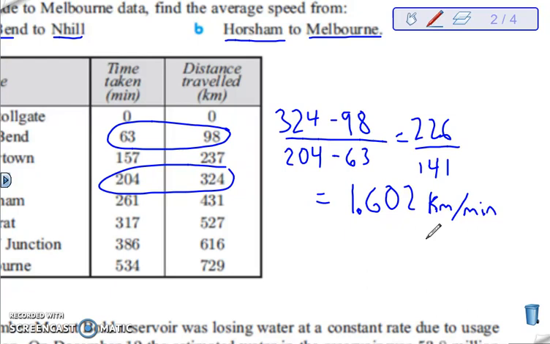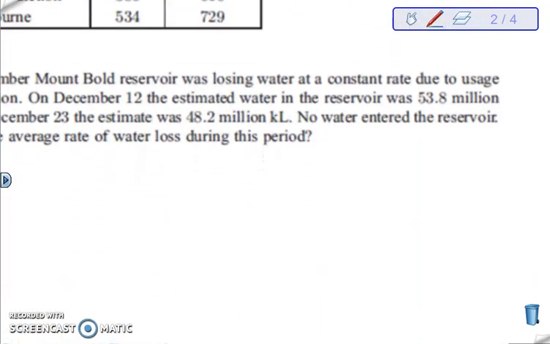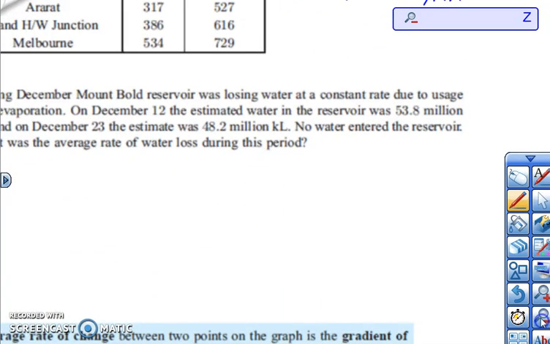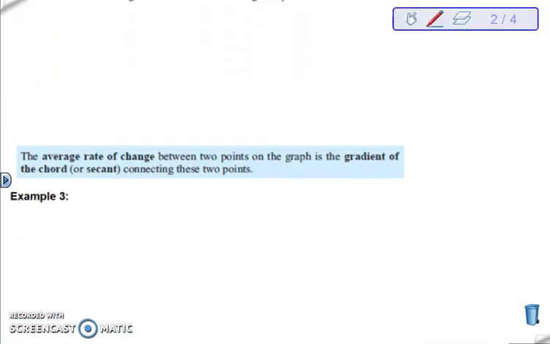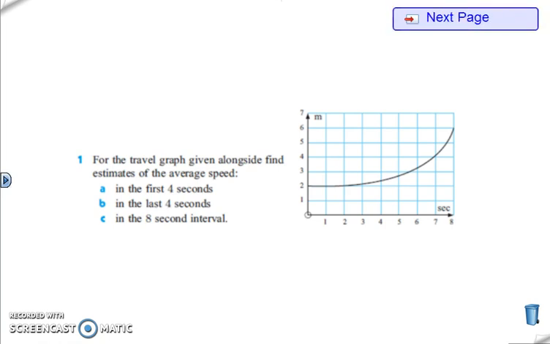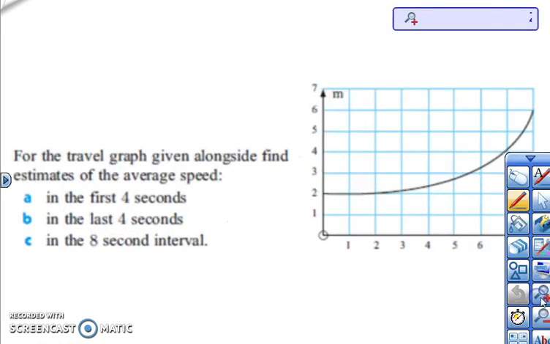I will leave part B for you as well as problem 3. So now let's look at an average rate of change as given on a graph. So basically what we're going to do to figure this out is we're going to connect the starting and ending point of our interval and figure out the rate of change between those 2 points.